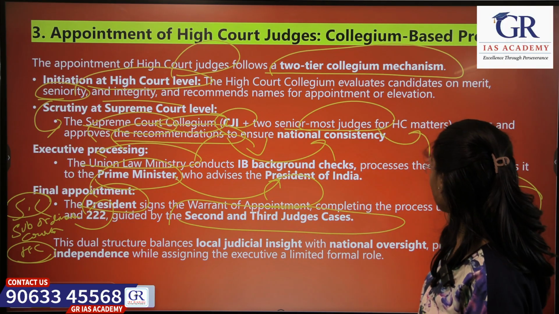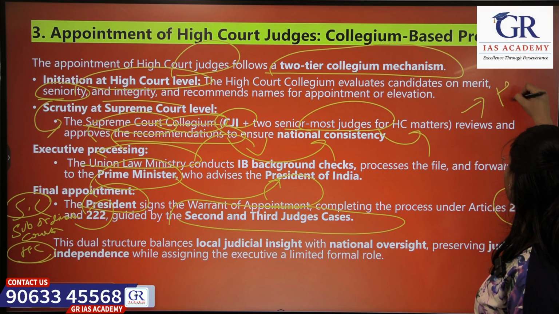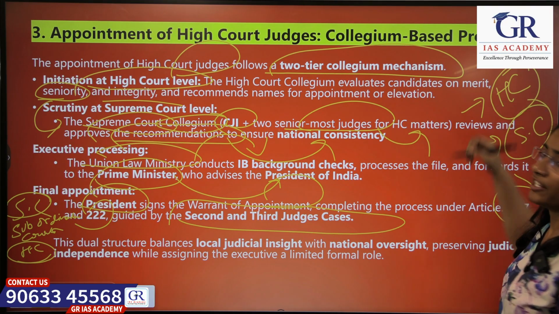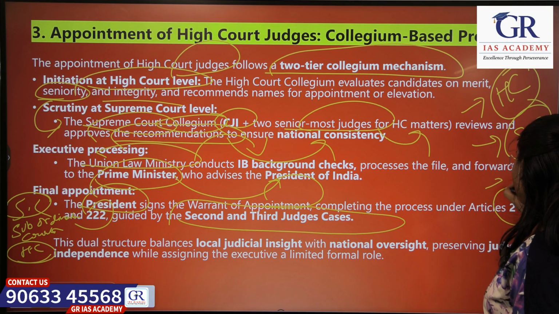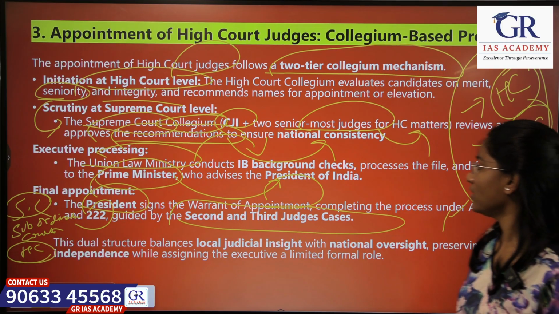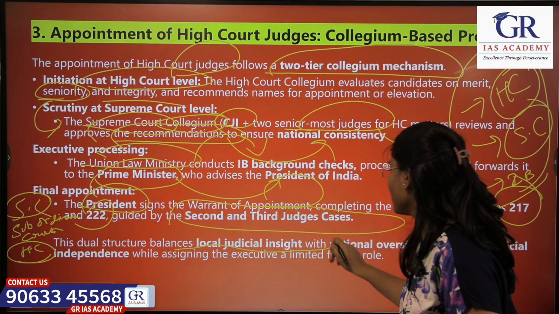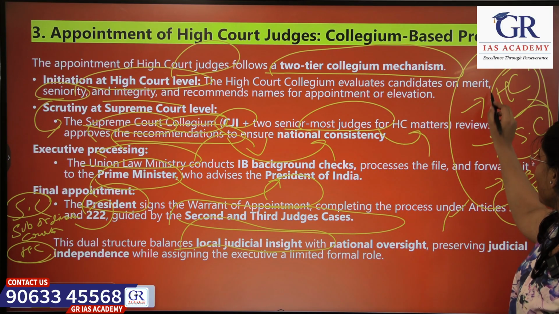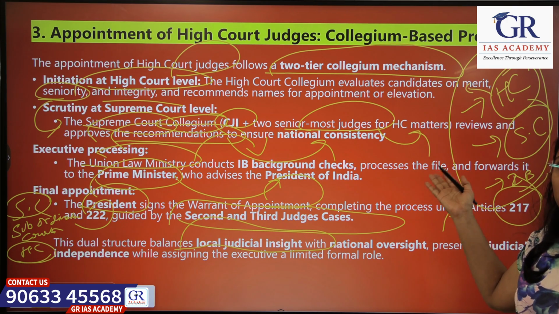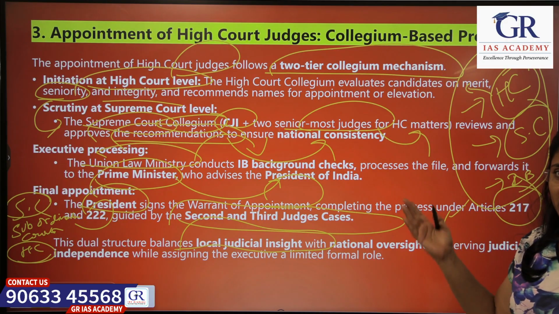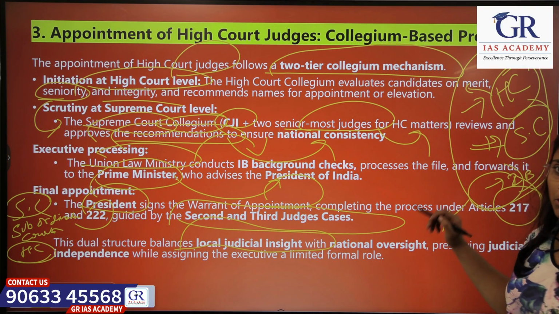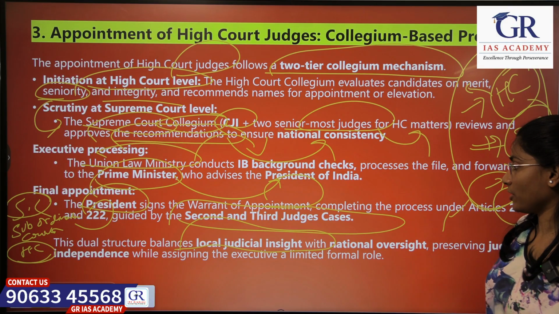This structure, that is, first the initial High Court recommendation, then the Supreme Court Collegium recheck and then the IB check, gives us balanced judicial insights. That means it has been checked two times. First the High Court gives a recommendation, the Supreme Court verifies it, and then the government executive does the IB check.